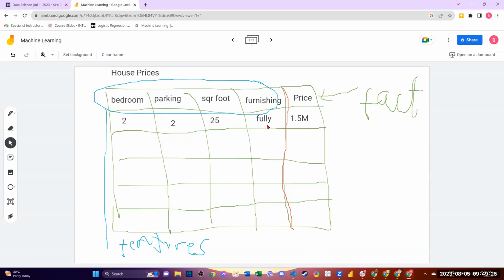So these are the features of your data: bedroom, parking, square foot, furnishing, and you provide the values for the features. And then at the last column, we provide the price. So the fact usually is our, can we say that, this is our independent variable?